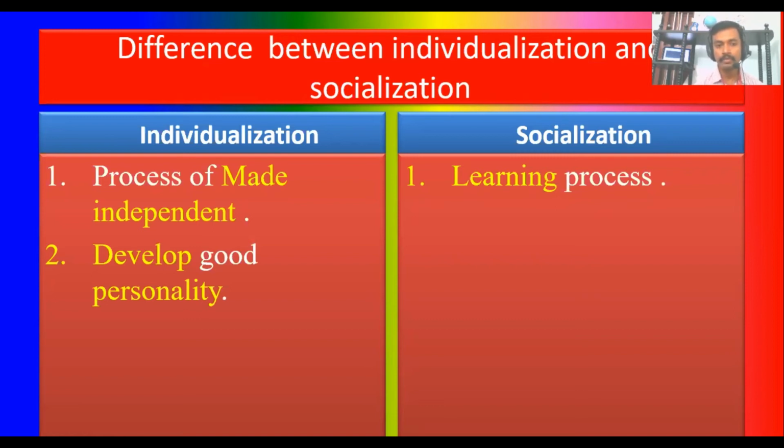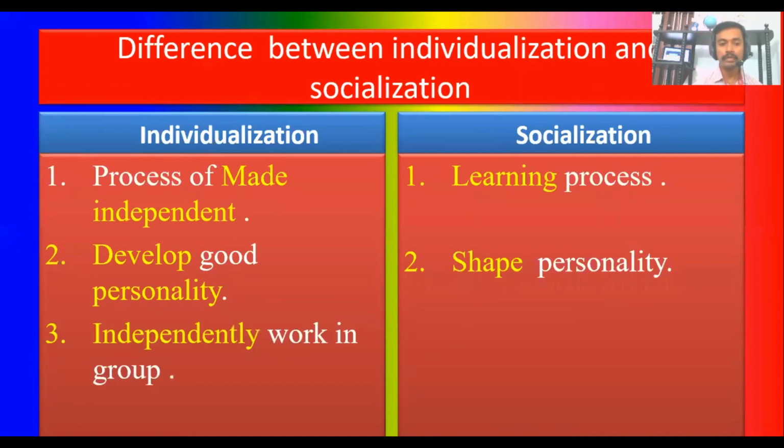Second, individualization is developing a good personality. We want to develop our own characters. But socialization shapes personality. At the time of individualization, we can explore our own talents. But in socialization, we can identify which place to express a particular talent, which place to display particular behavior, shaping the personality.